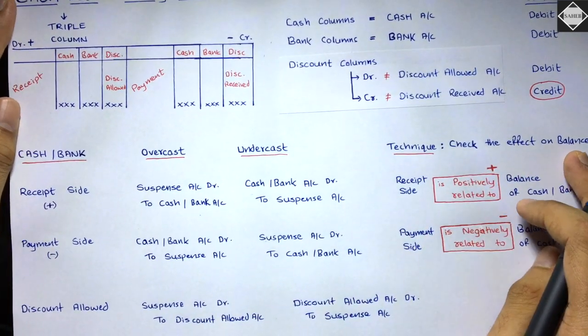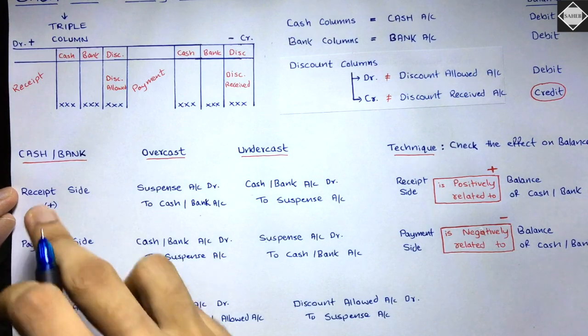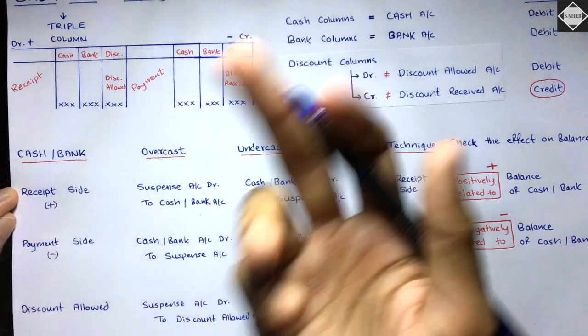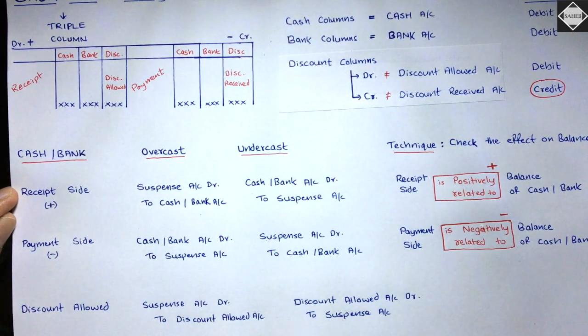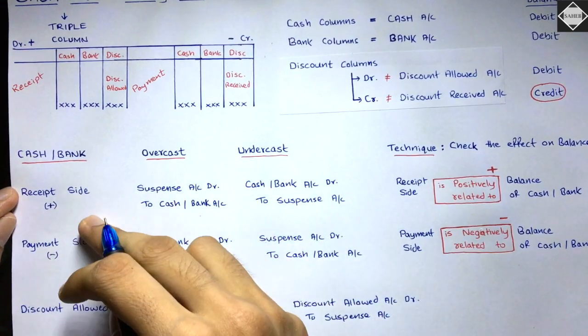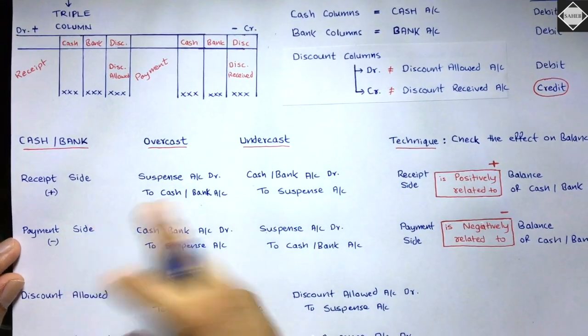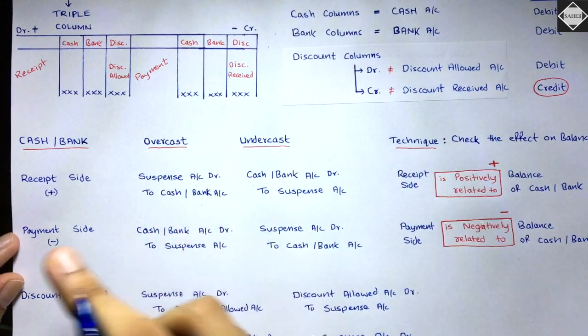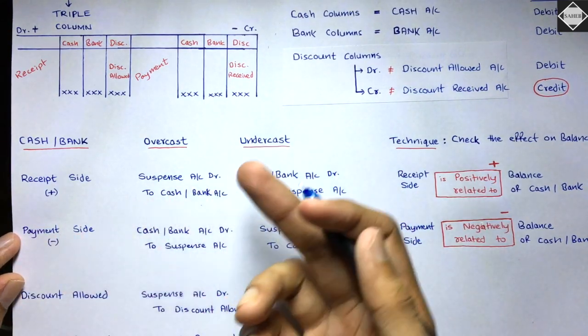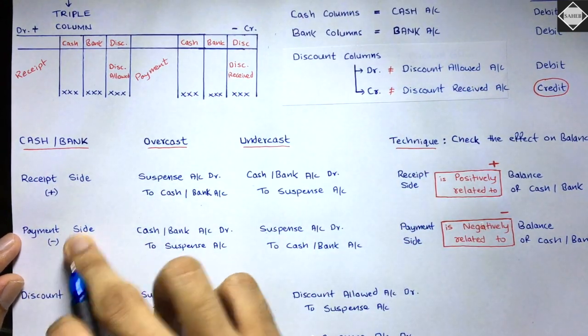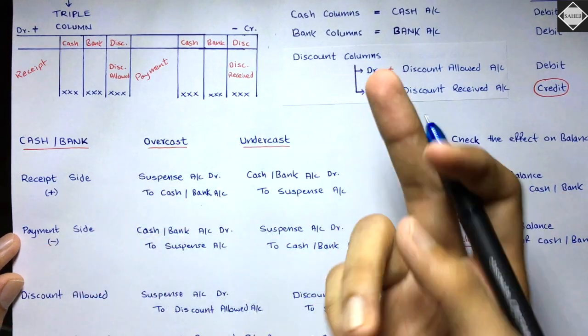It's not difficult at all. Just check the effect on the balance. Whenever receipt side is overcast, they have a positive relation, so balance is also overcast. When receipt side is undercast, balance is also undercast. But payment is negatively related. So whenever payment is overcast, balance is undercast. Payment side is undercast, balance is overcast.